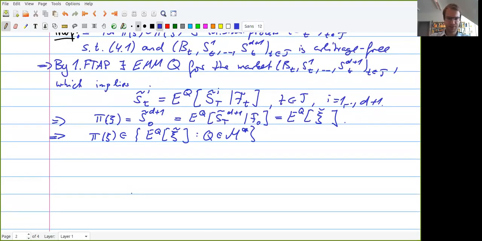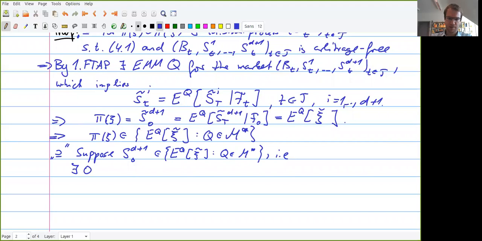All right, so let us go for the other one, which is this one. Okay, so what we suppose now, let's call it again D^{d+1}, is we have an element in this set. So what does it mean?